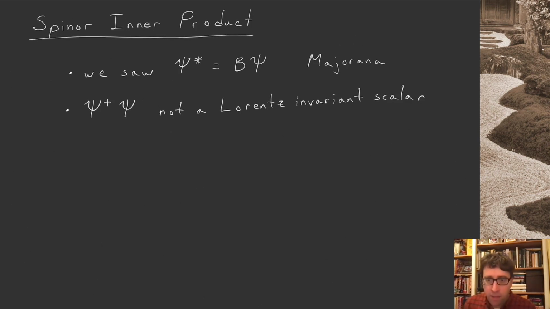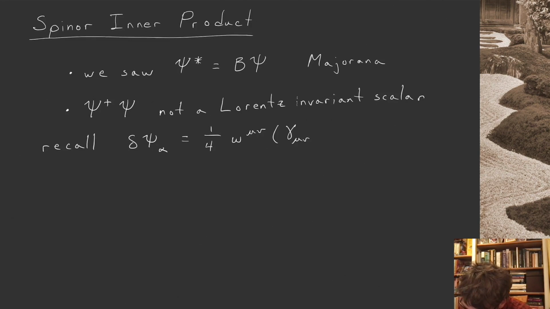So let's recall how to perform an infinitesimal Lorentz boost on a spinor. We did this way back when, I think in the second week. If we have a spinor, and let's put back the spinor index, although we'll typically suppress it, the infinitesimal boost or rotation under the Lorentz group, we can describe it with some antisymmetric matrix omega contracted with these gamma matrices, gamma mu nu, with spinor indices alpha and beta, psi beta.